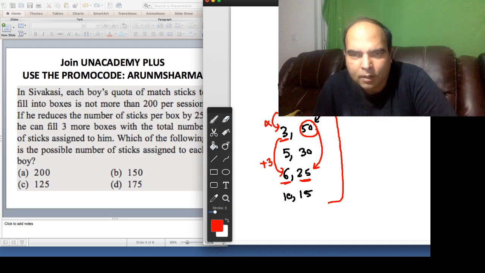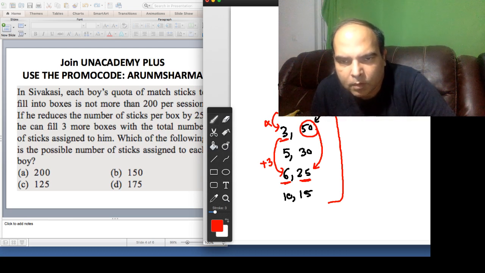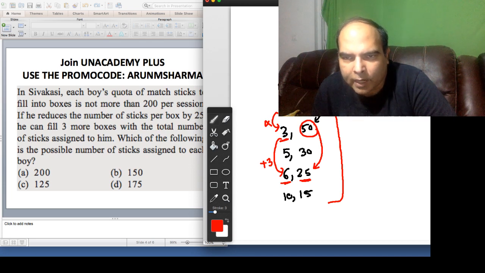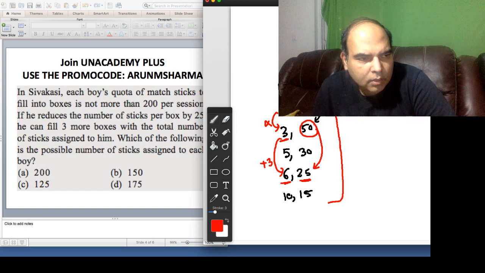And you can appreciate, if you go with an x into y kind of a situation in this question, x into y is equal to t, and x plus 3 into y minus 25 is equal to t again, you can't solve this question algebraically because there are two equations and three unknowns.